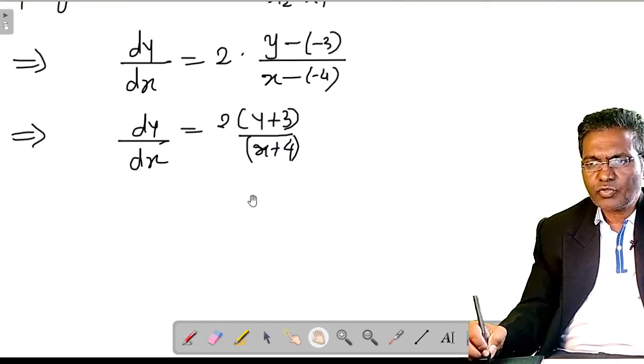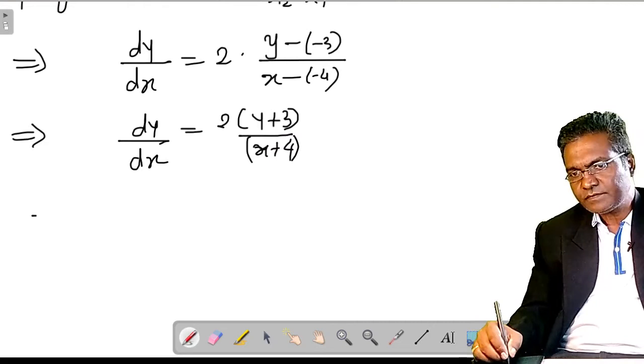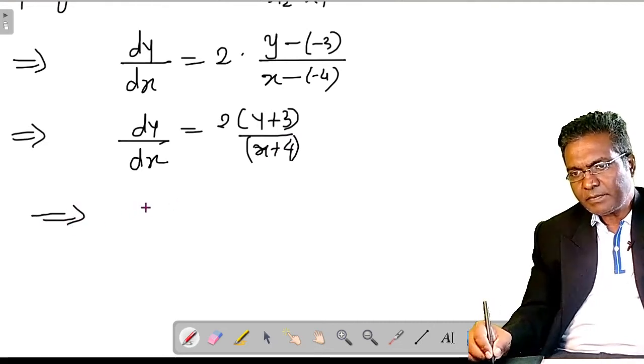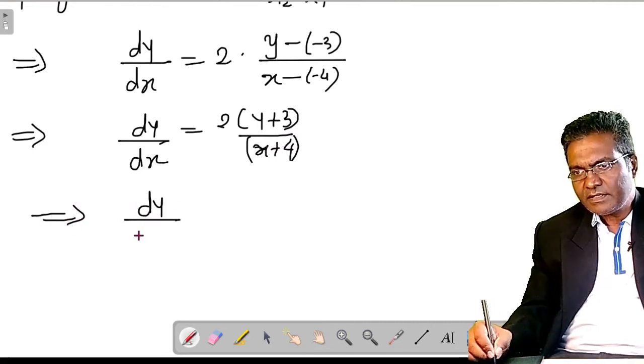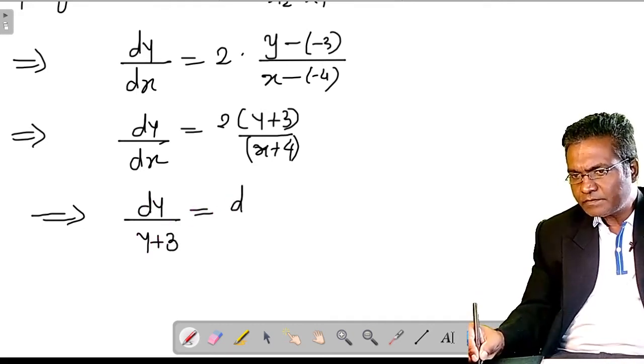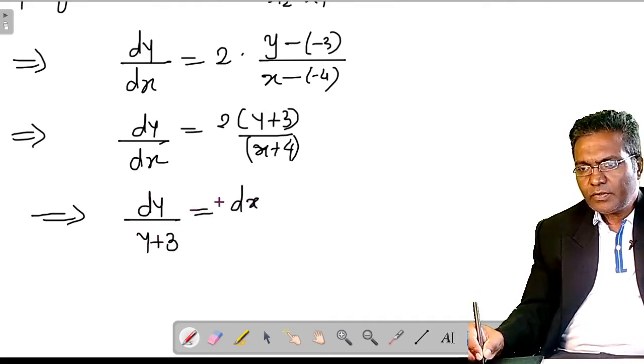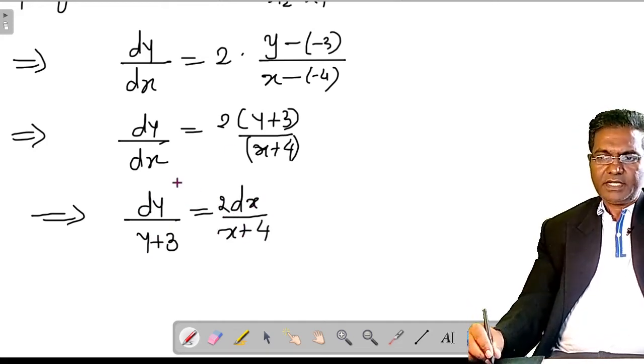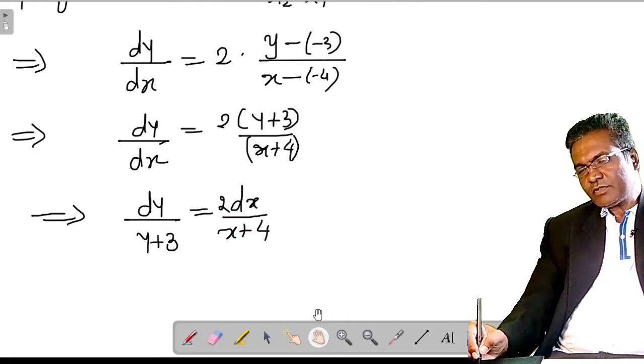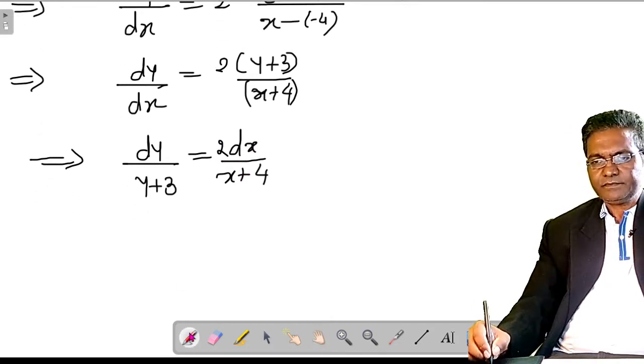Now we need to solve this differential equation. So separate the variables: dy by (y plus 3) is equal to 2 into dx by (x plus 4). The dx I transferred to this side. This is called separating variables.